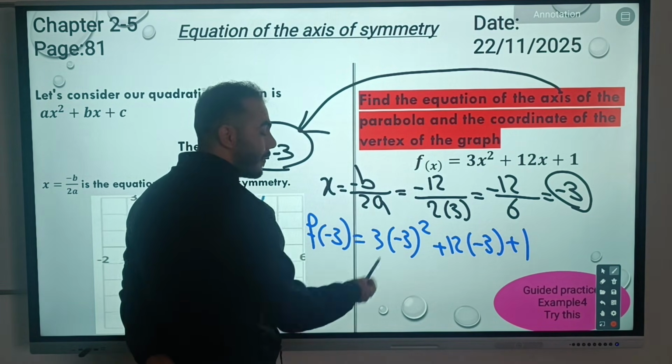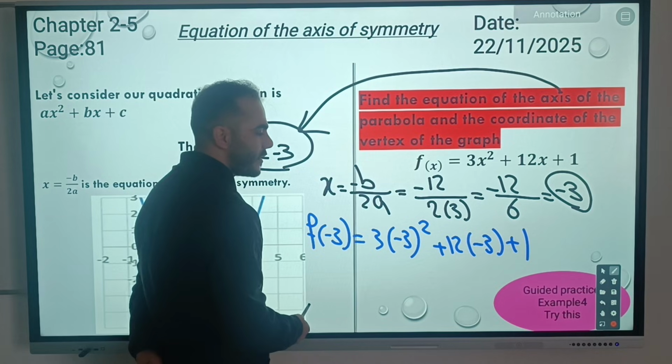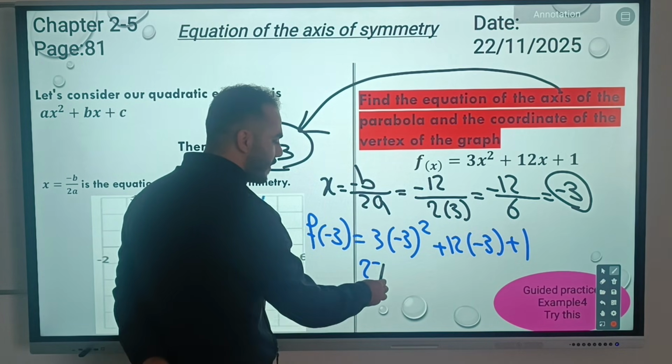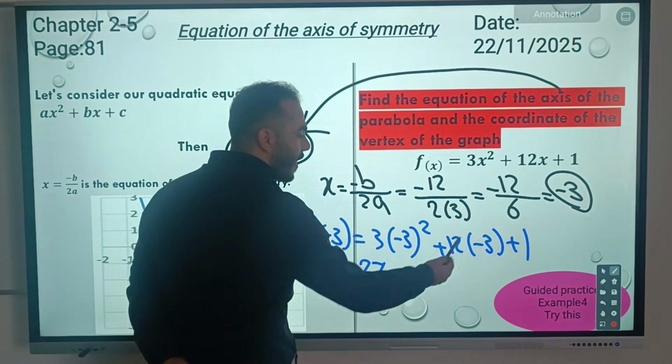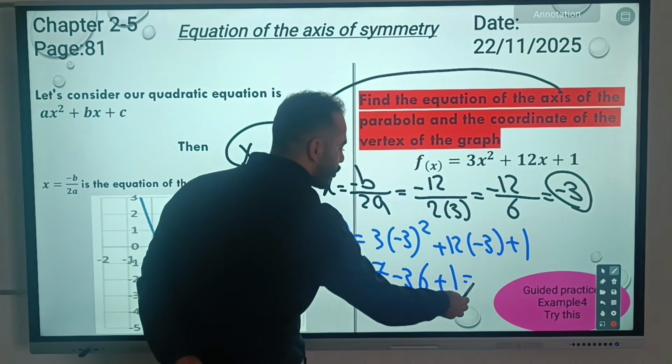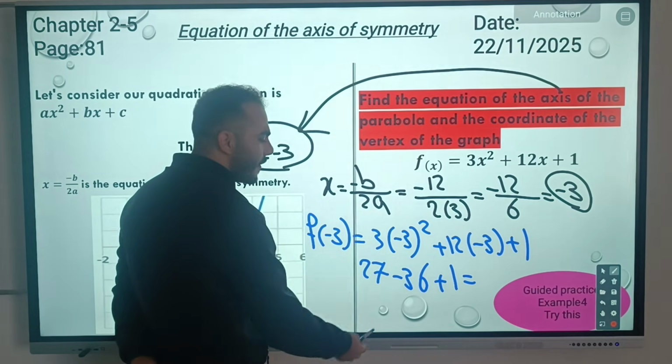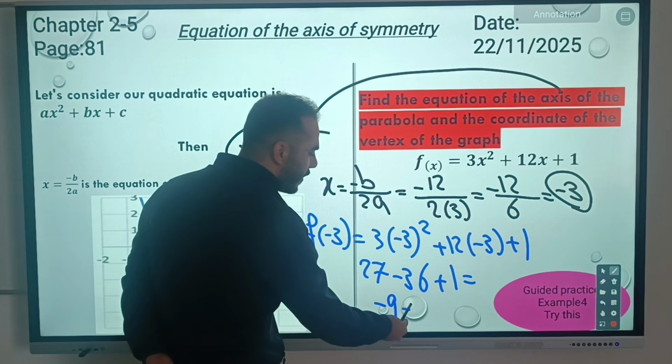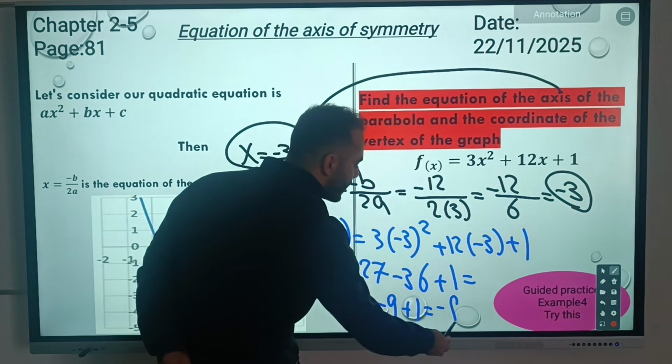Negative 3 squared is 9. 9 times 3, 27. 12 times negative 3, negative 36, plus 1. 27 minus 36 is negative 9, plus 1, is negative 8.